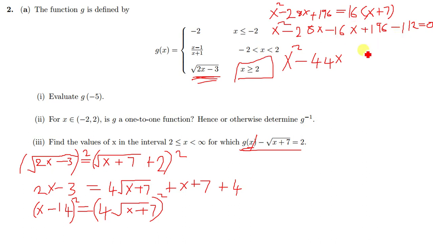So this will give you x squared minus 44x plus 84. So you guys, I'm sure you can't fail to solve a quadratic equation. I've solved a lot of questions here which are quadratic equations. You can find the product and the sum. If that fails, use the formula method. If that fails, use the completing the square method, which is almost the same as the formula method. So you can solve this quadratic equation here in order to find the values of x which they are looking for.